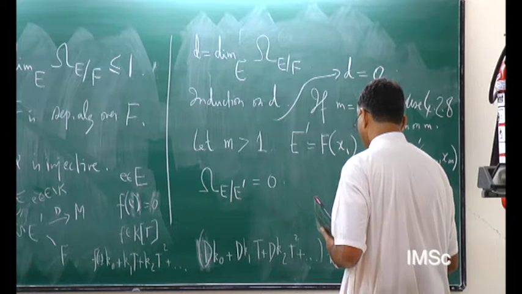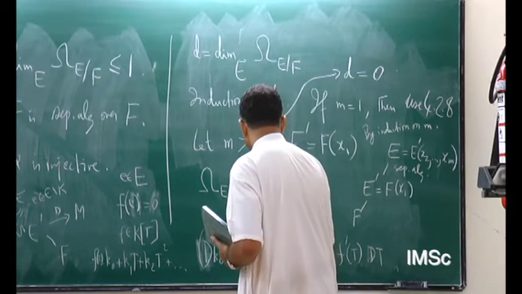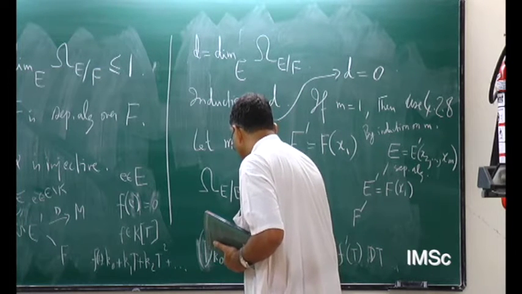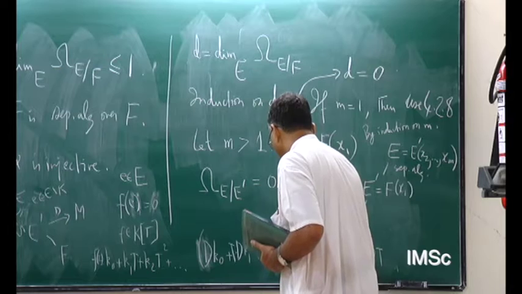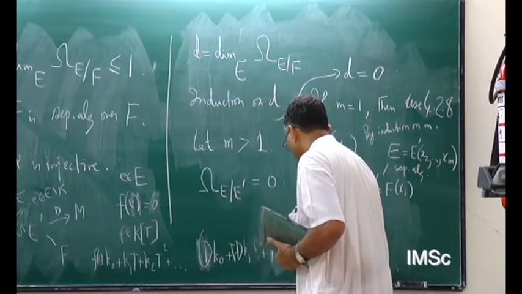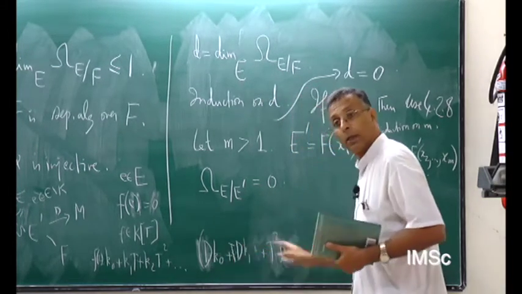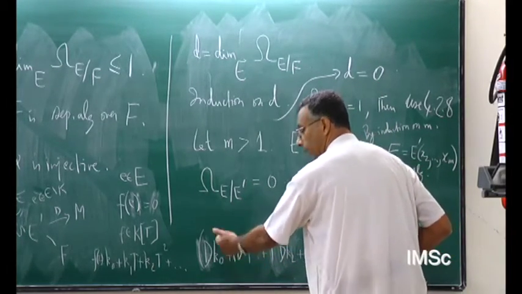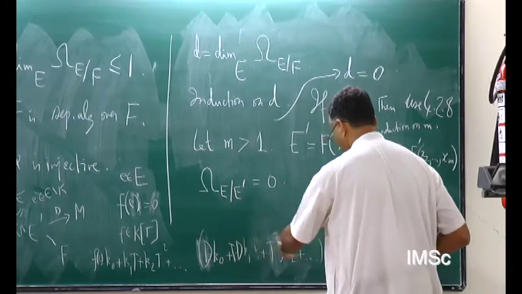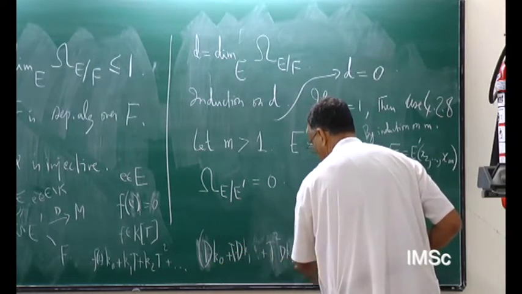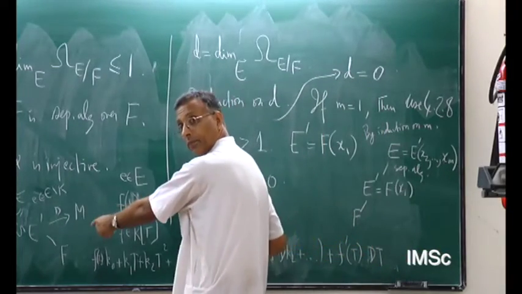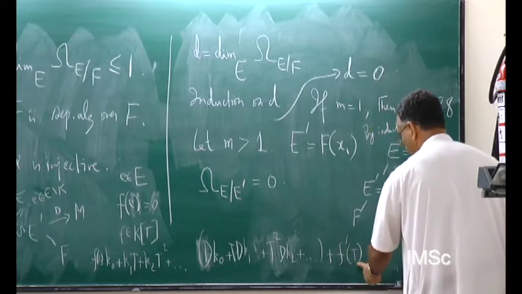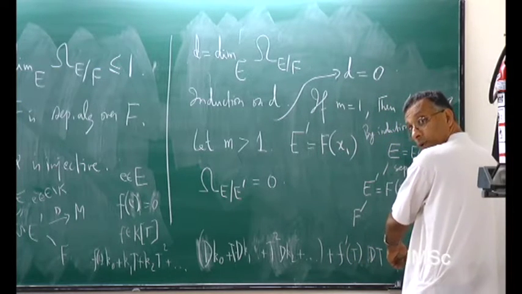I should probably write this not like this, but t square dK2, etc. Because now I'm thinking of this, t acts like x if you wish. So this is going to be an element of M where t acts like x, right, and this becomes F prime x d of x equal to 0.